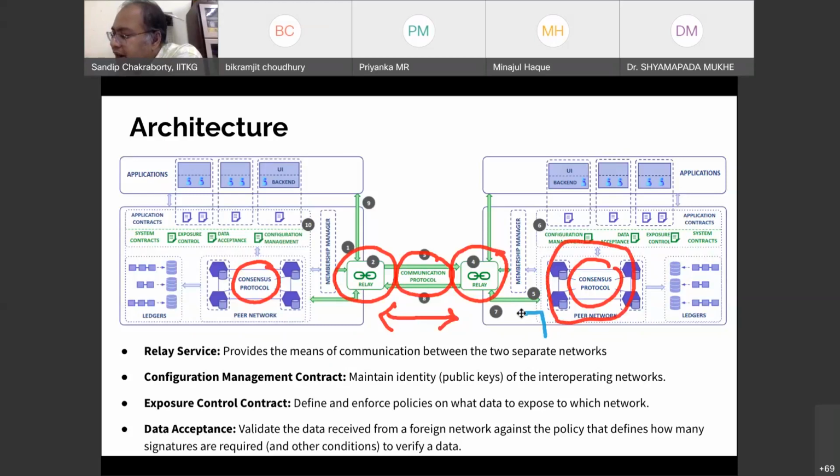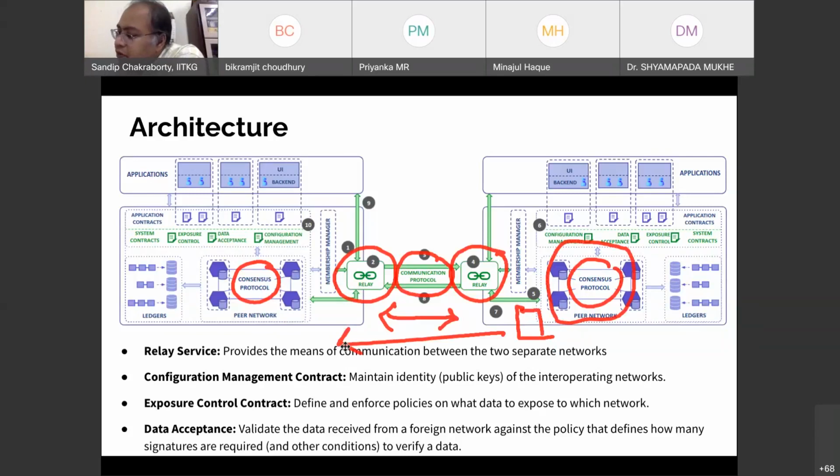So this particular information will get signed by the individual participants in the network. Now this collectively signed information will be transferred from one network to the second network.